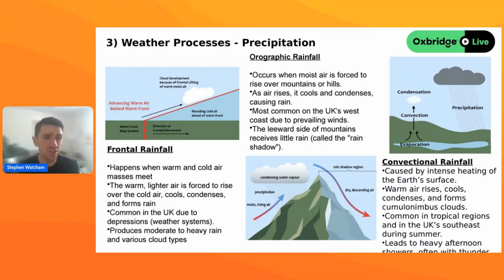But this kind of convectional rainfall is what you think of in the jungle, in the tropics. So those are our three kinds of rainfall. All occur because warm air rises, cools, condenses, and falls, but the reason why that happens is different, whether it's meeting warm air, meeting a mountain, or due to extreme heat.